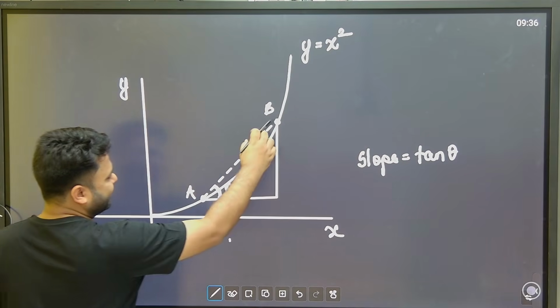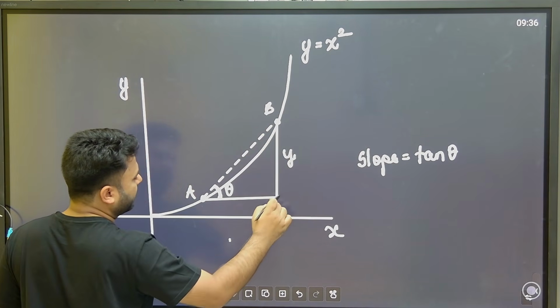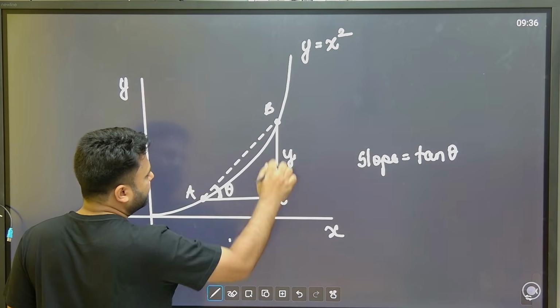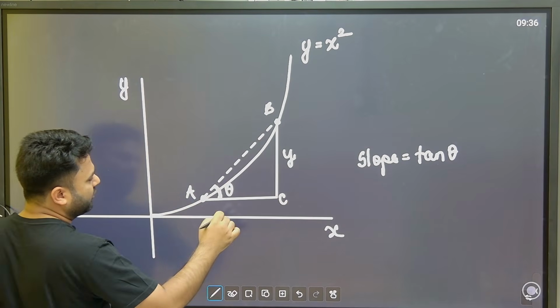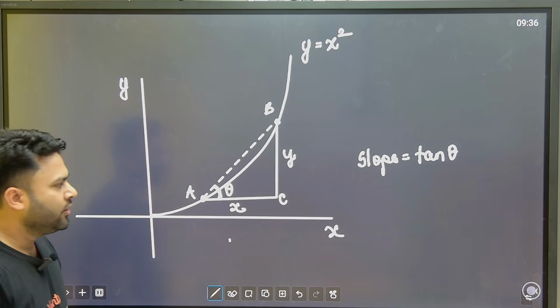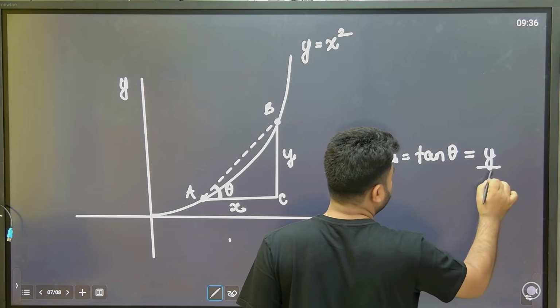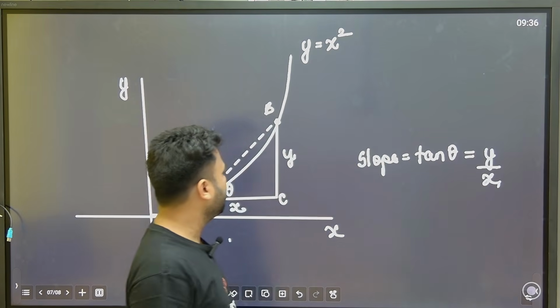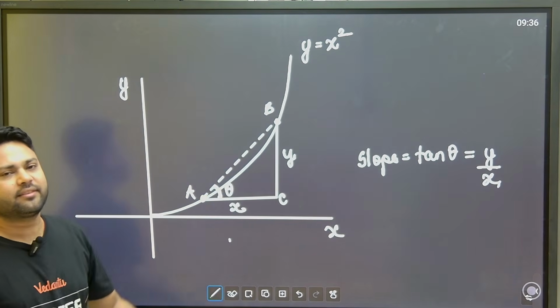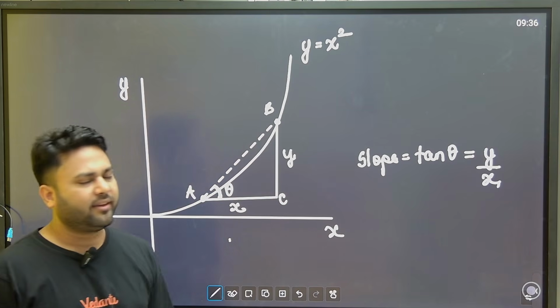Now suppose this length from B to C, I denote by Y, and from A to C it is X. So tan theta is perpendicular by base, so we can write Y by X.